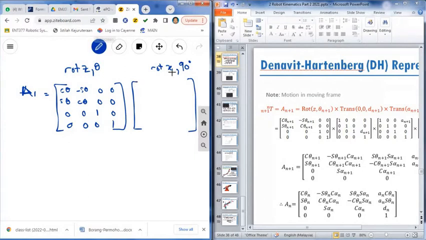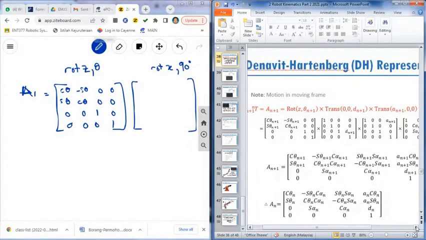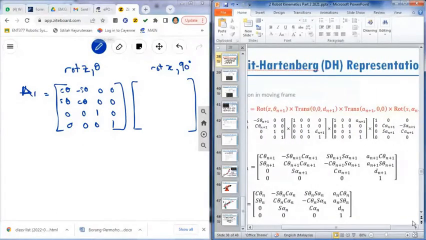And then you have rotation on X. I hope I can get X here. If not, I need to go back to the homogeneous transformation matrix. Available here.